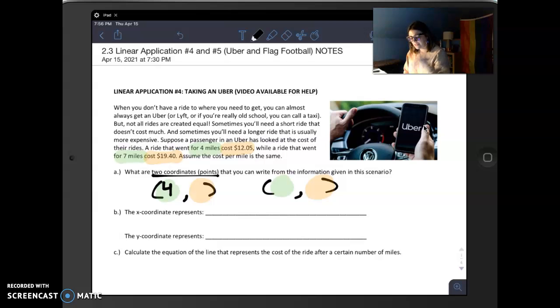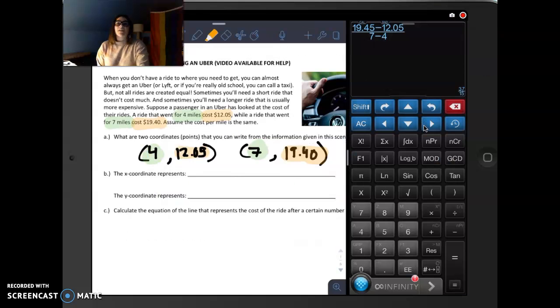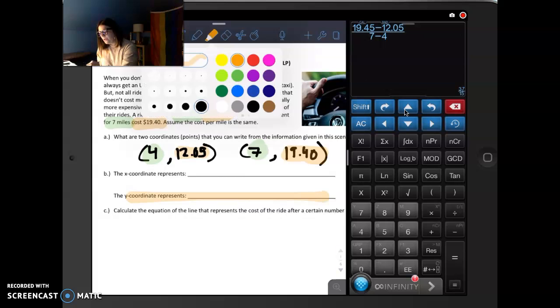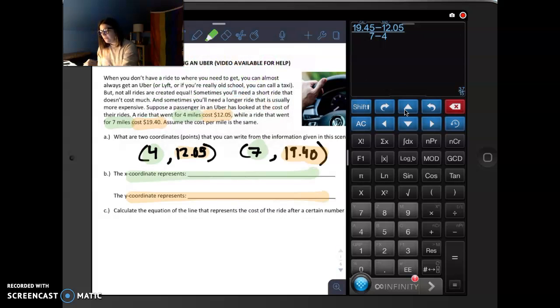So it's a snapshot. Sorry, had a little bit of a glitch there, but here are the 2 points that we get from the question, and here's what our y coordinate represents and what our x coordinate represents. Since we're getting better and better at these questions, we don't have to work quite as hard.